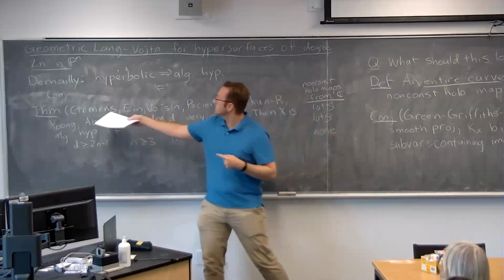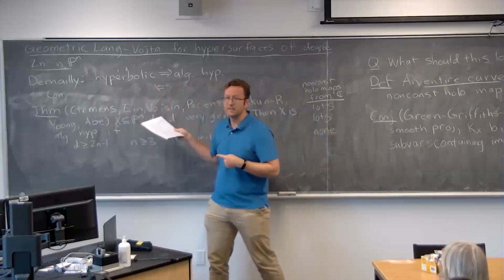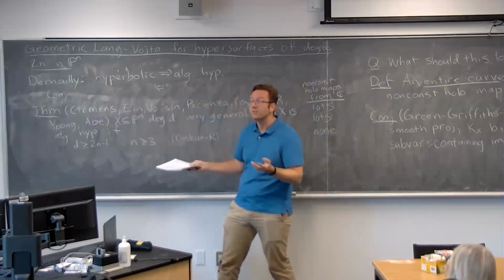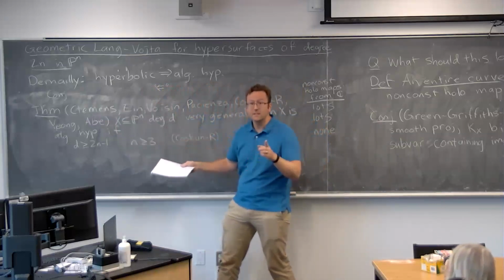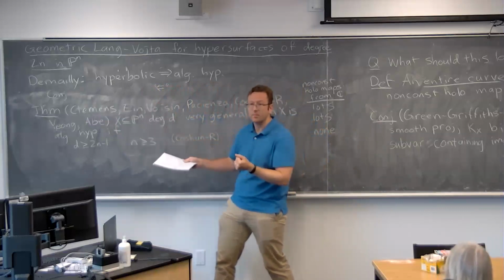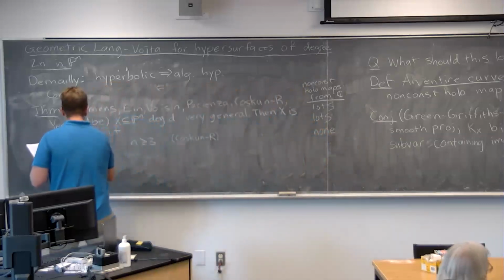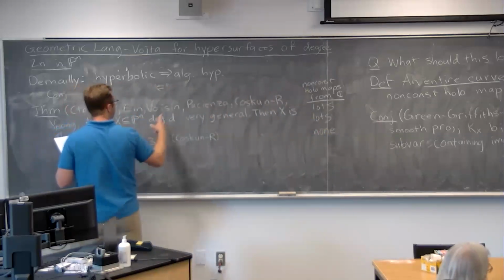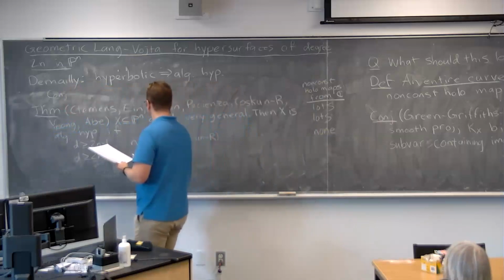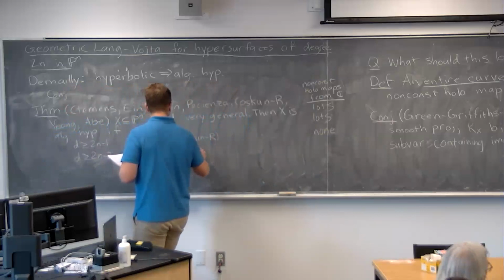So this was in the 80s and the early to mid 90s, and this last case was in 2019. So it's fairly recent still, filling in the last case for D at least 2n minus 1. But the theorem is yes, it is algebraically hyperbolic. And then for D at least 2n minus 2, Pacienza got most of them for large n, but the second to last case, I should say, was Yeong.